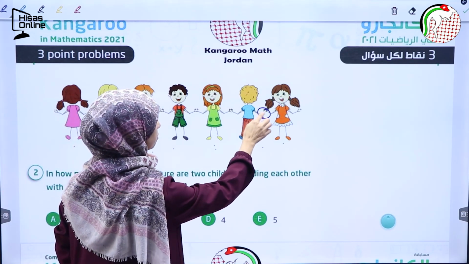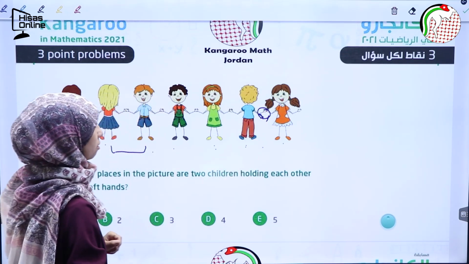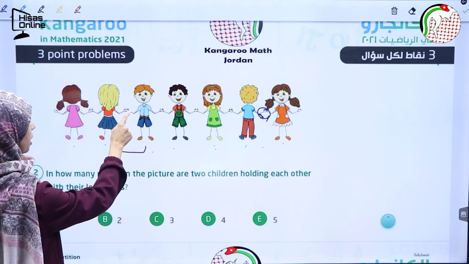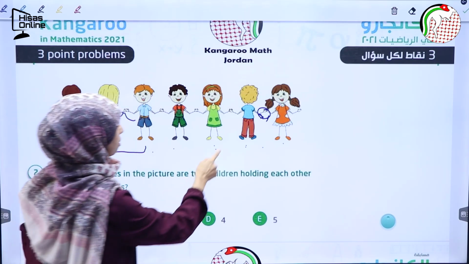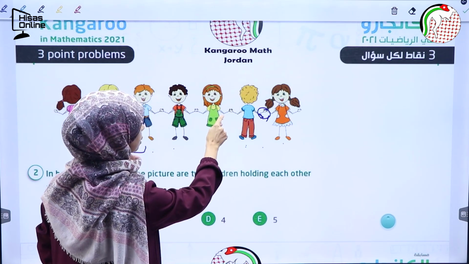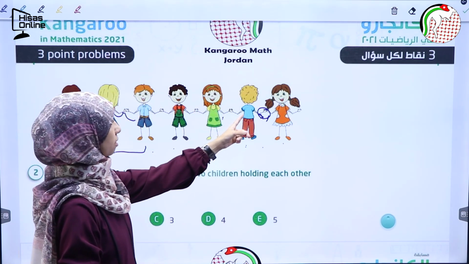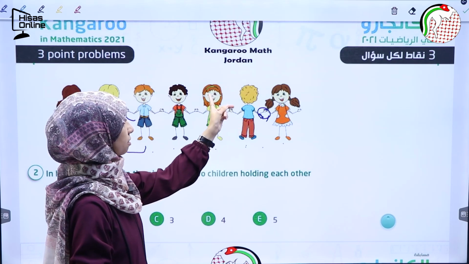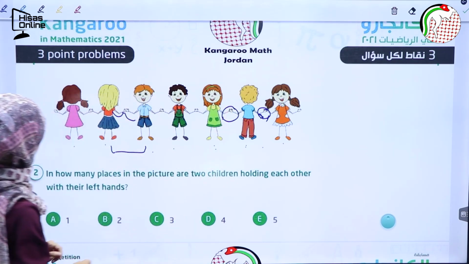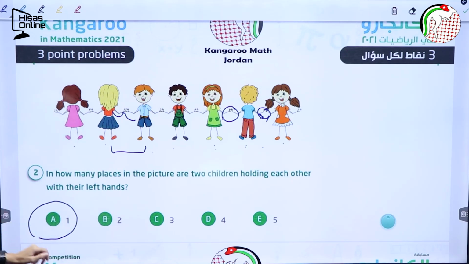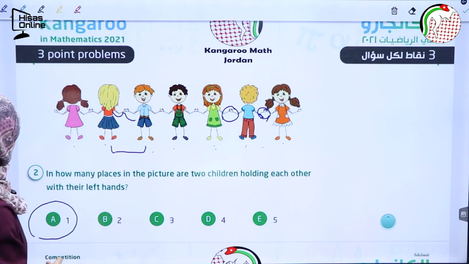Here, right hand shaking. Here, again, right hand with right hand. See here. This is her left hand, and this boy shook the girl's hand with his left hand also, so it's only one position, so A is the right answer.